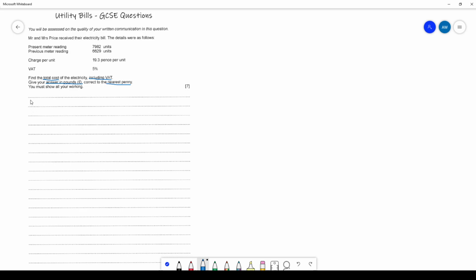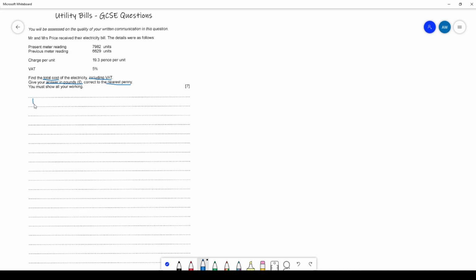So for my written communication, I said earlier you have to label all your workings out. So the first thing I'm going to do, and it's the first thing you always do when working out any bill, is work out how much you have used, whether that's electricity, gas or water. And we use our meter readings to do that.